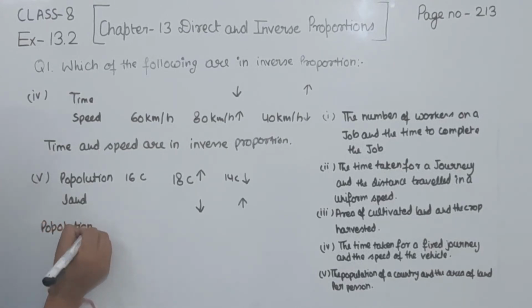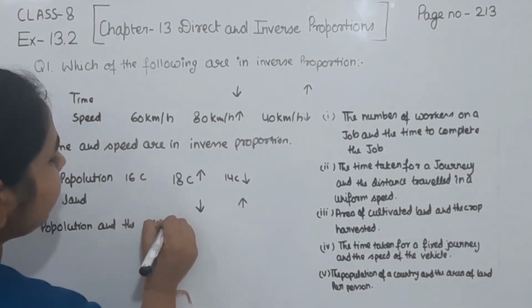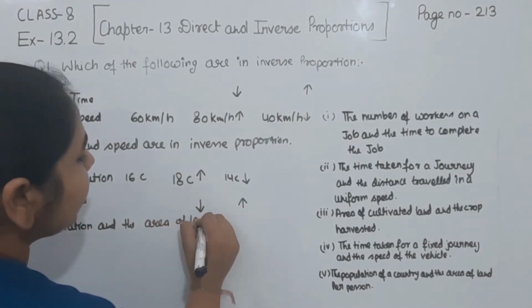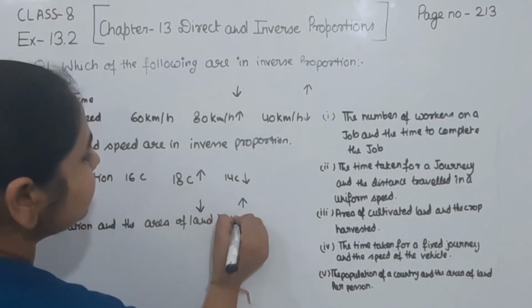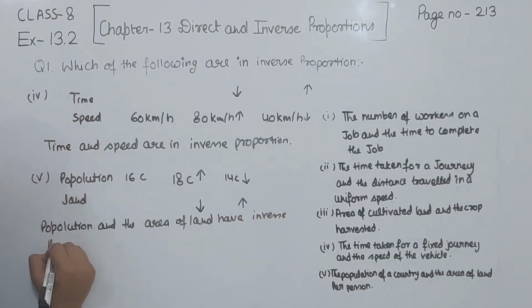I write here: population and the area of land have inverse proportion. So this one we are having is the part 5.